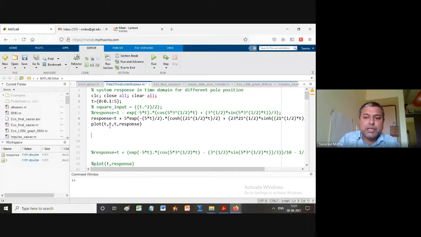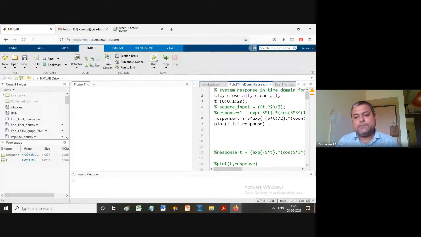If I say this is 2t, you have to write 2 dot t, 2 multiplied by t. Okay, and let us take a bigger time, take 20. So t comma t is the input. This will be the blue graph, and t comma response will be the output. Now both input and output will come, because there is no point plotting only the output. You will not be able to see anything.